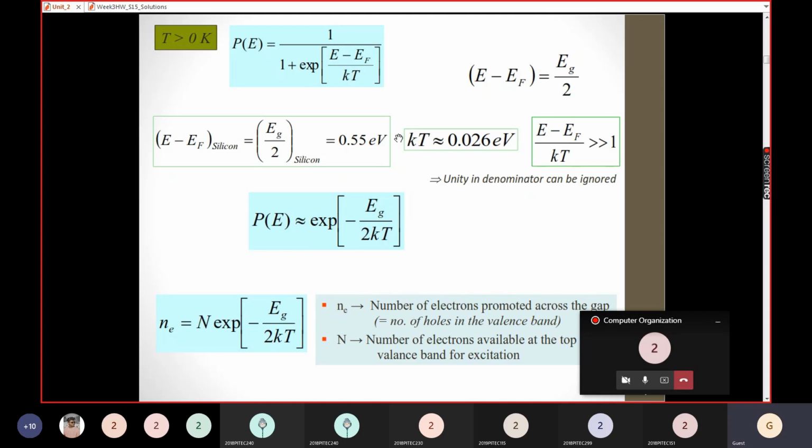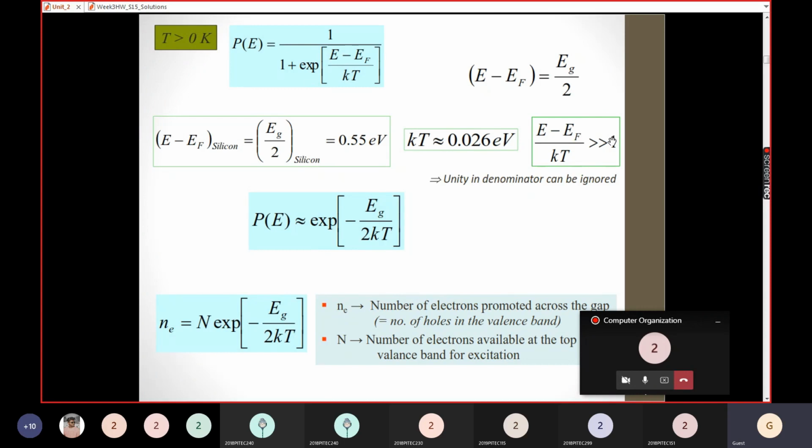Next, we will see what happens if the unity in the denominator is ignored. Suppose the value you get is greater than 1, then we use the next probability expression. The probability will be given by the formula e power minus Eg divided by 2kT.